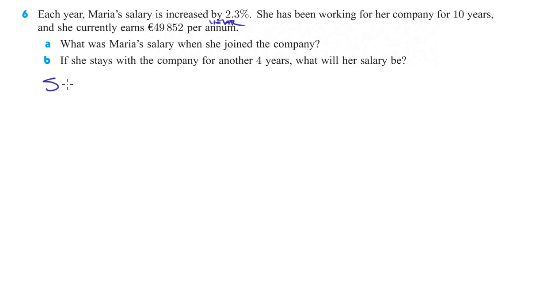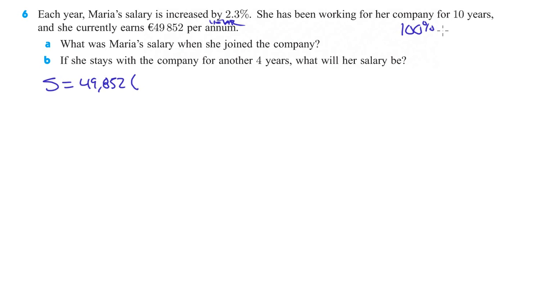So her salary, let's do S equals, she's starting here at 49,852. And then it's increasing by 2.3% each year. So this is important.